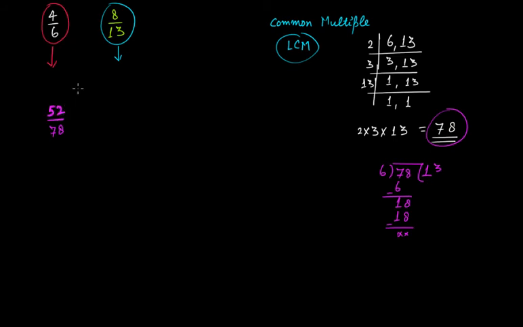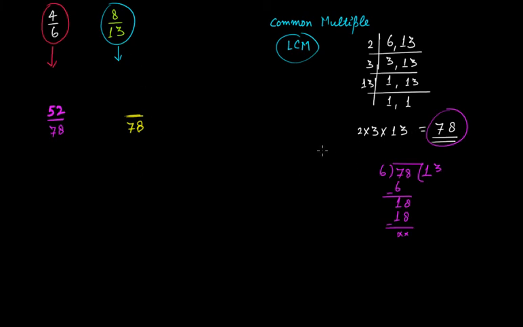That will give you 52. Okay? Now, I have to write 8 by 13 in its equivalent fraction in a way that the denominator comes to 78. So by what number will I multiply 13 to make it 78?